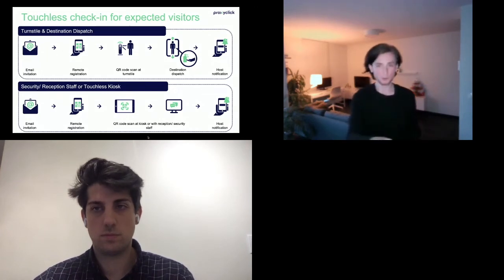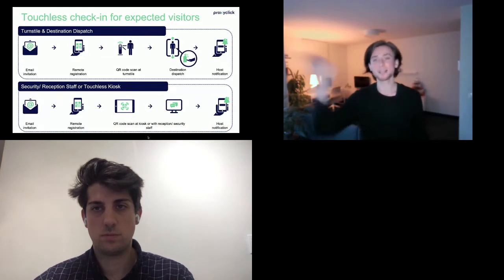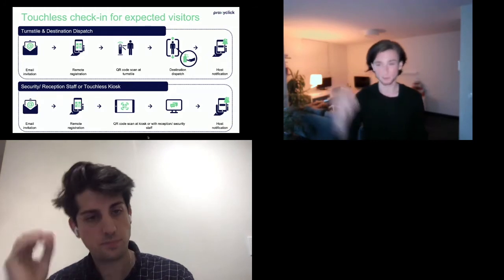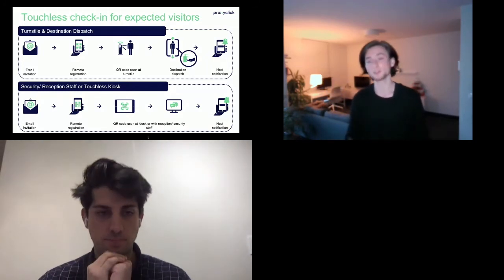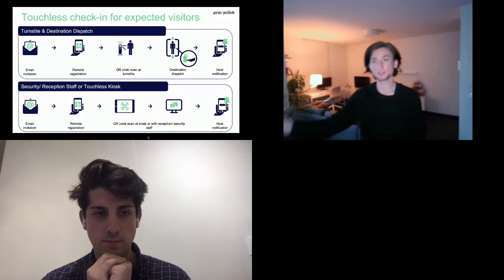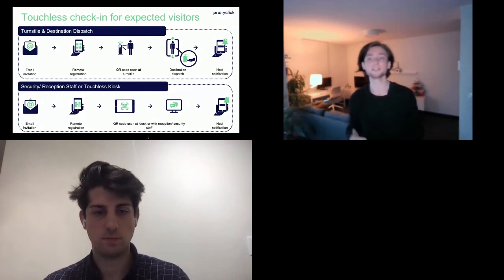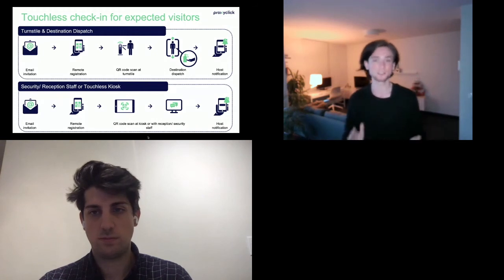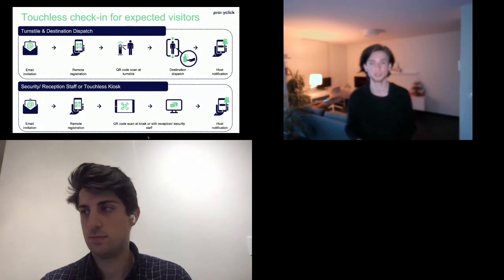It will open the gates and hail an elevator that is going to bring him to the right floor that he needs to be at. At the same time, the host of that visitor is going to be notified so that the host is going to be ready at the elevator the moment that person walks out. At no point in this flow does the visitor need to touch any shared surface. So that's really beneficial there.